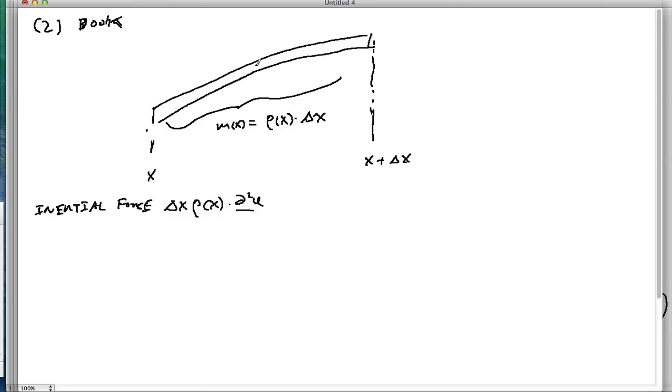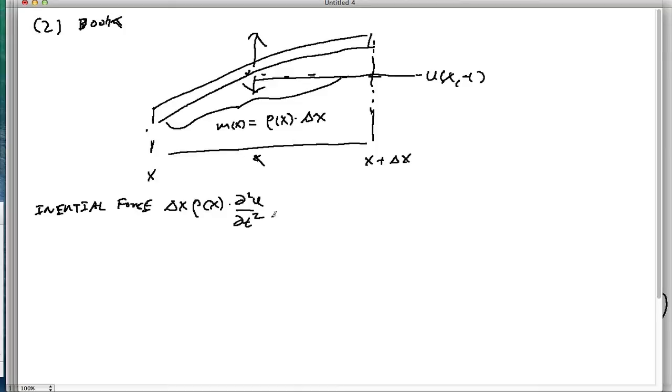Here u represents the position of the midpoint of this little interval in x, so that will be u of x comma t.